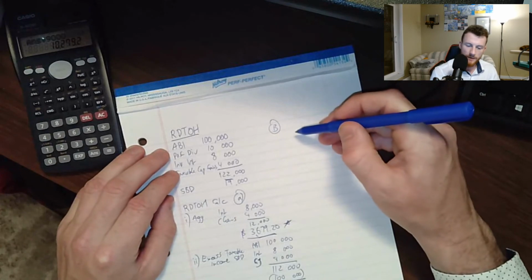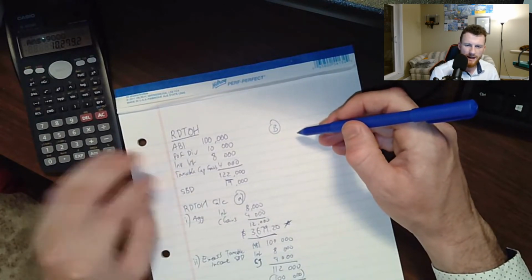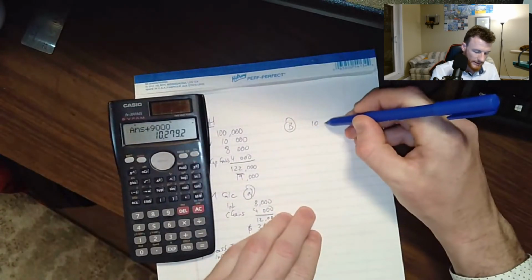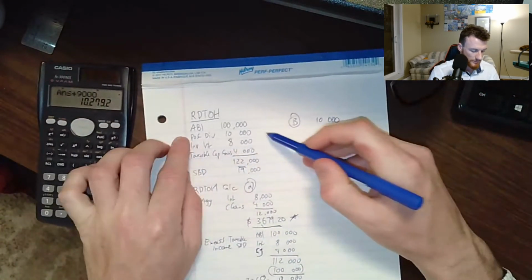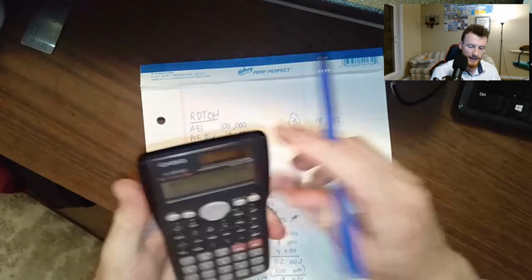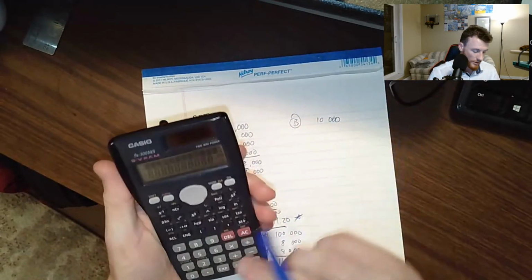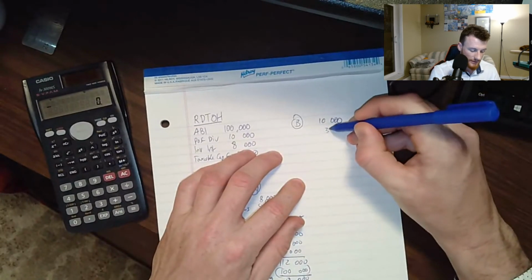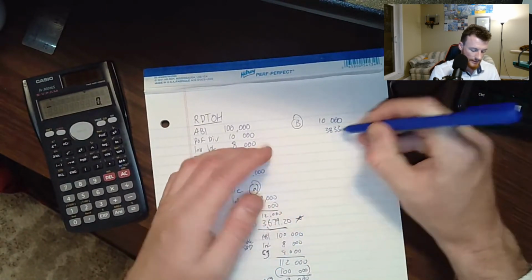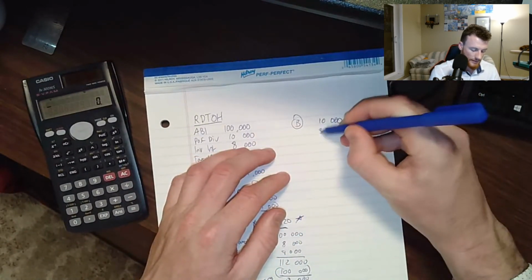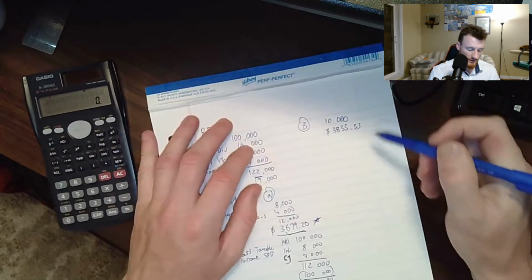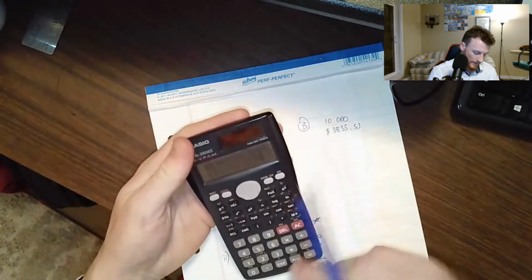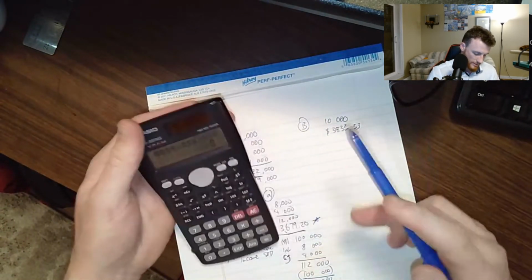Part B is going to be what our Part 4 taxes are. Really simple here. $10,000 of our dividends here, which are taxed at 38.33%. I don't need a calculator for this. $3,833.33. Now we add these two up, which I'm going to need a calculator for.